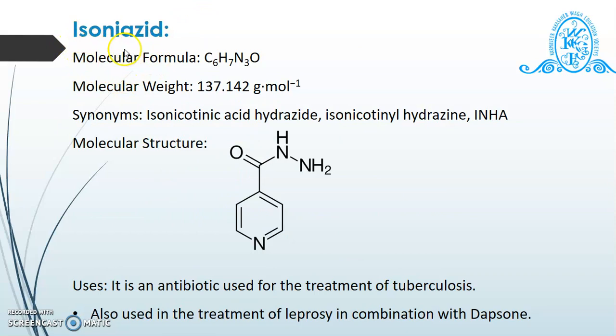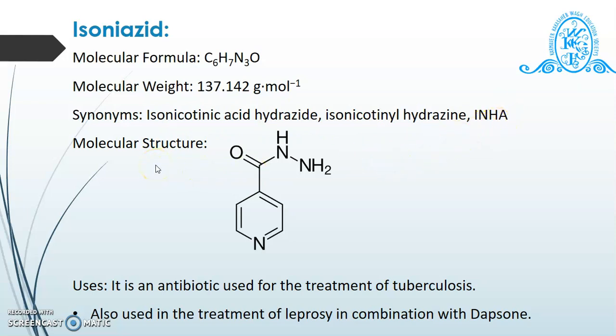The molecular formula for isoniazide is C6H7N3O and the molecular weight of this drug is 137.142 gram per mole. It is also known by other names such as isonicotinic acid hydrazide, isonicotinyl hydrazine or INH.